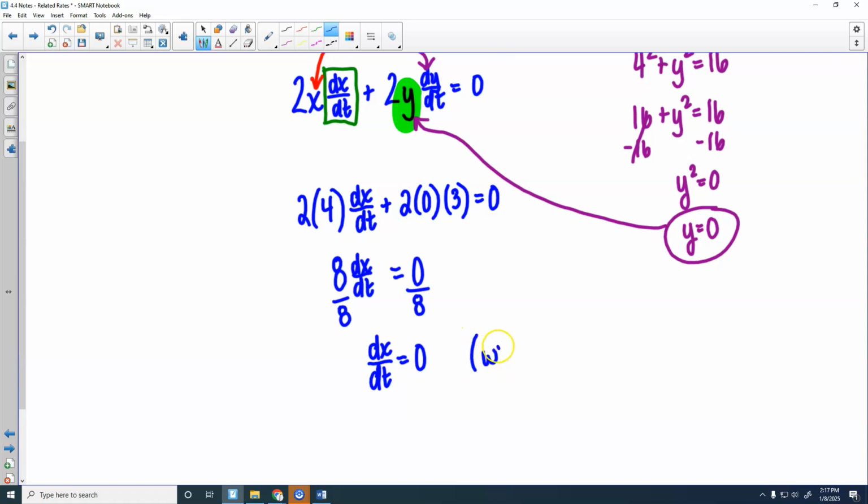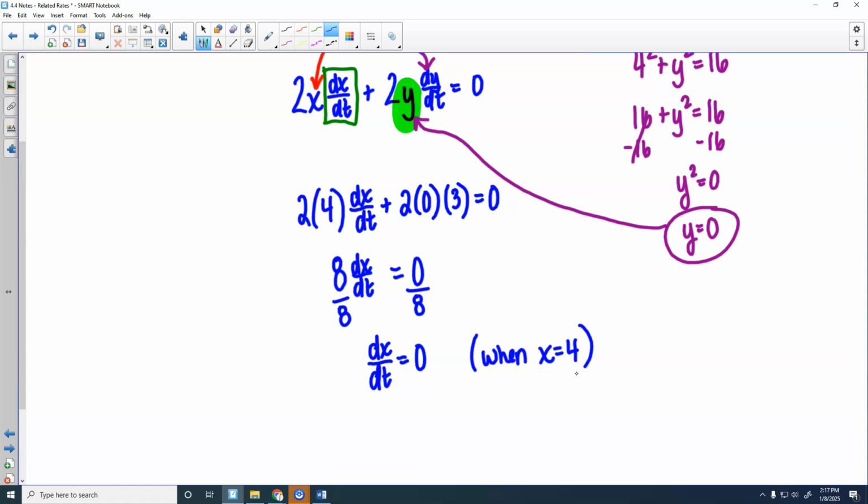Again, this is when x equals 4. In this case, it's not for every point on that graph, but at x equals 4, dx/dt equals 0. I would write that. These are usually not given as FRQs. If they're just a naked problem like this, they are usually given as multiple choice.